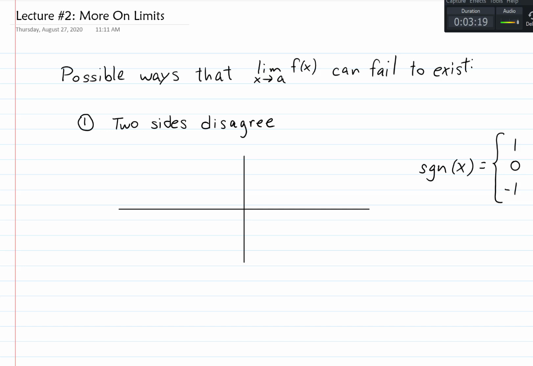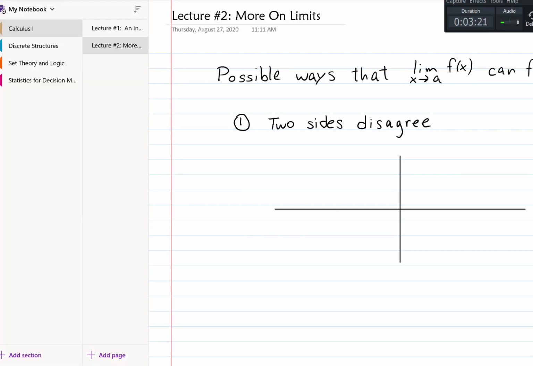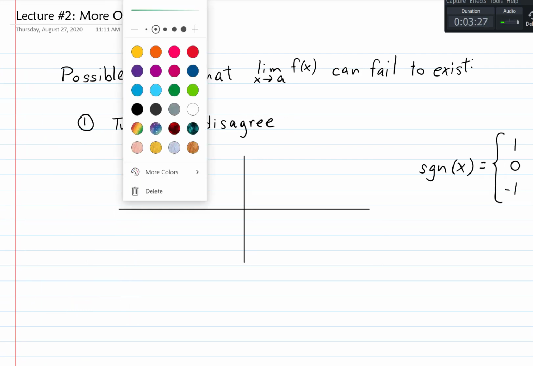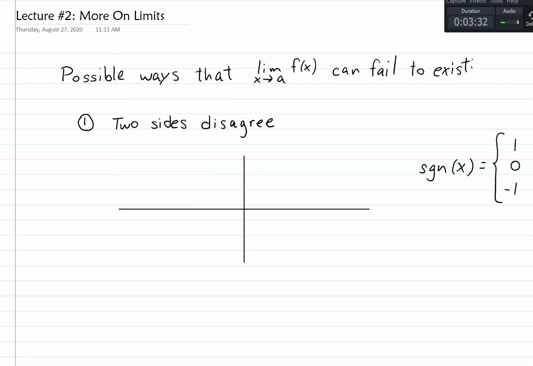So this is kind of like the function that says the number you've plugged in is positive, negative, or neither. If the function tells you the number 1, then that means the number was positive.